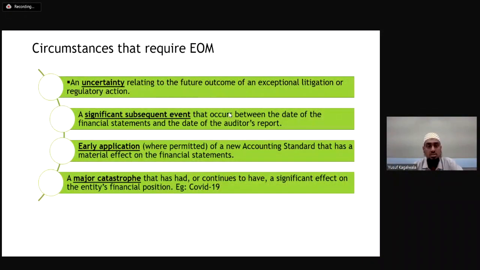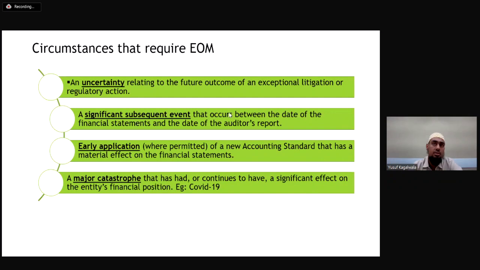There are certain circumstances that may require an EOM. So, an uncertainty relating to the future outcome of an exceptional litigation or regulatory action. So a company has a litigation or a case going on with respect to recoverability of advance tax. I have filed for a refund, but the tax case is going on.